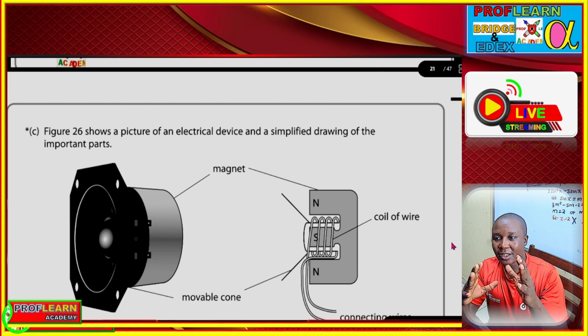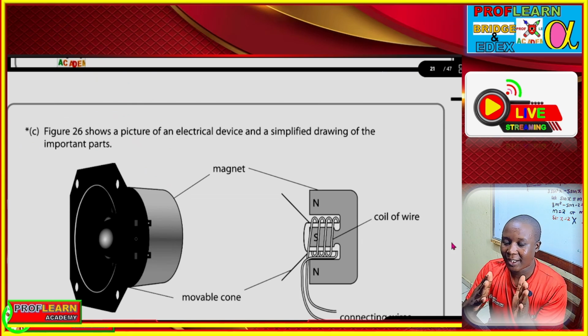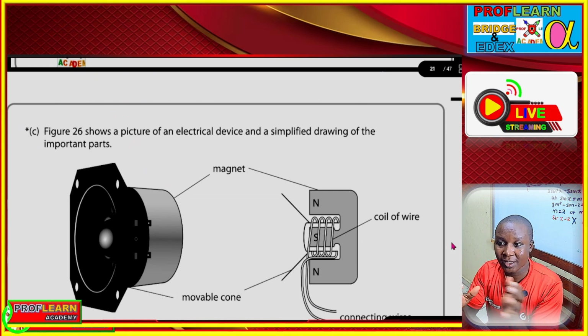Since these are two magnets interacting, a pull and push force is created, and the coil experiences a vibrational force. That vibrating of the coil makes the paper cone vibrate, thus producing sound. That's how a loudspeaker works.